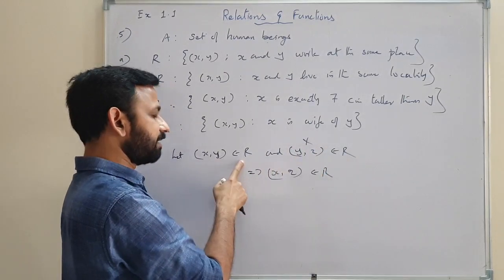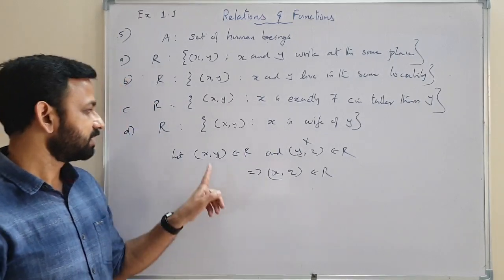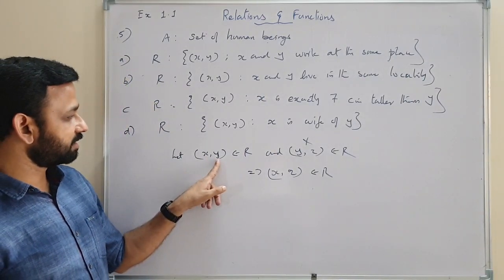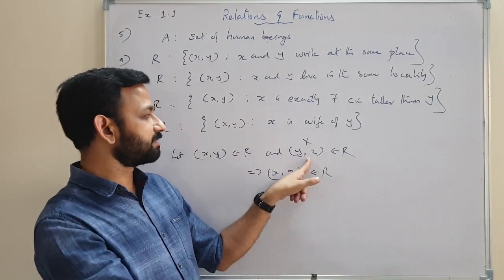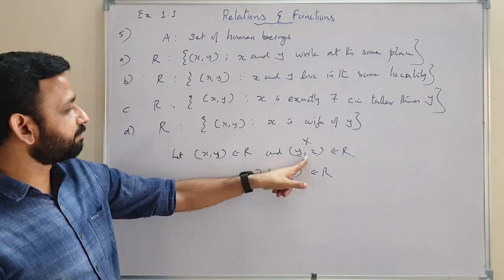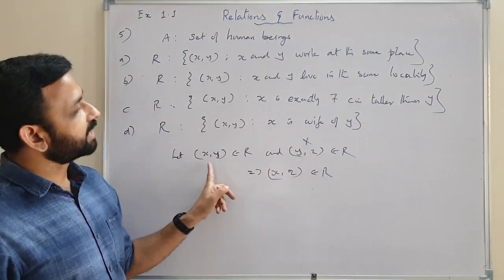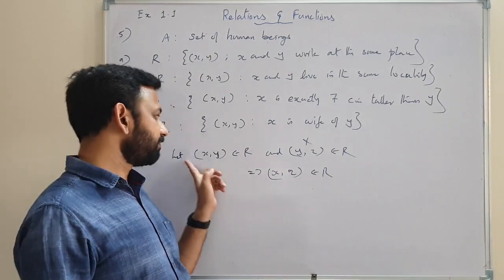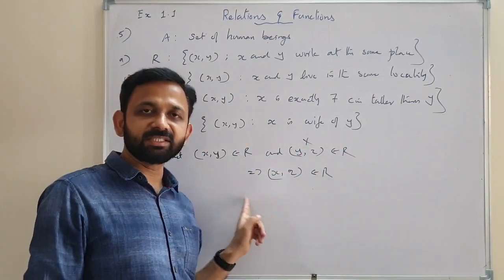First pair is possible, but second pair we don't get because y is male. So if we don't get second pair, then we cannot contradict transitive property. So this relation is transitive.